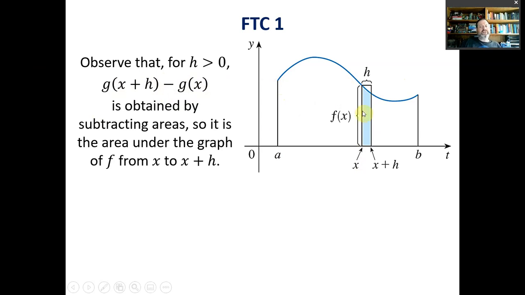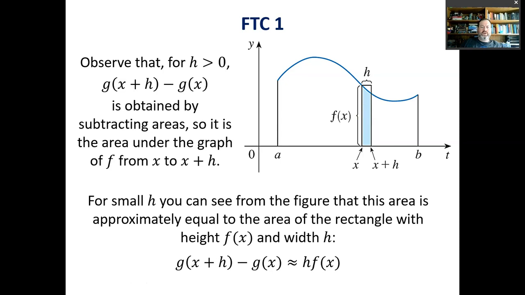So now we have a little rectangle. This rectangle is approximately equal to the area of the rectangle with height f of x and width h. Because h is very small, obviously we're going to take some sort of limit, so h will get smaller. So we have g of x plus h minus g of x is approximately equal to h times f of x.